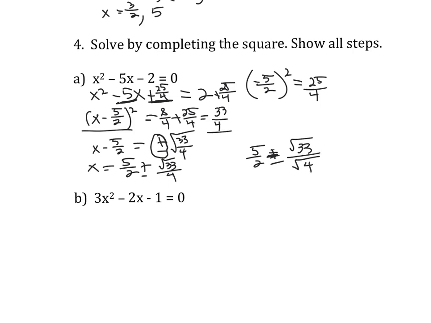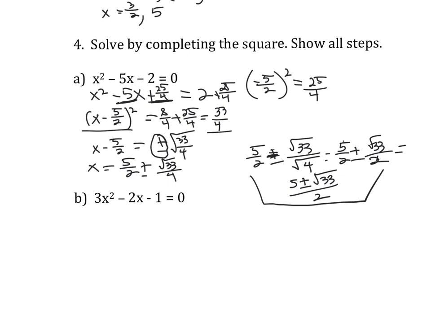That's equivalent, and that's equal to 5 over 2 plus or minus the square root of 33 over 2. And as a final step, we could say that that is equal to 5 plus or minus the square root of 33 all over 2. Okay.